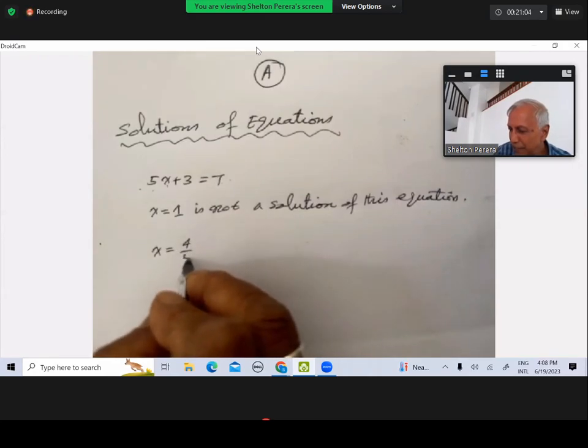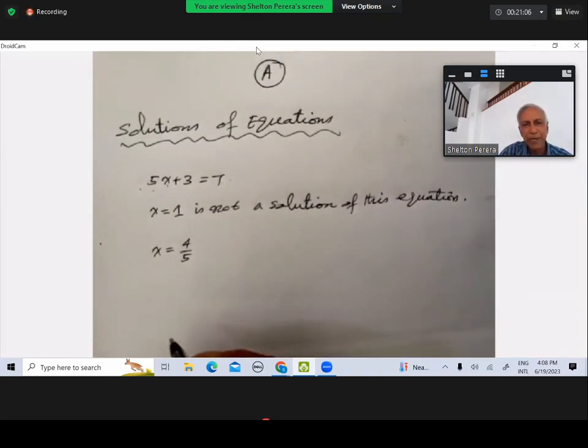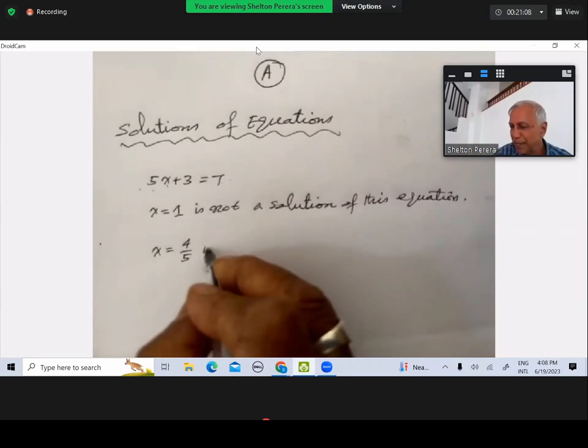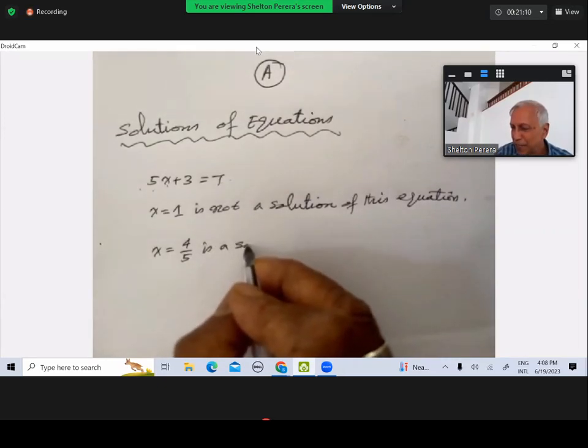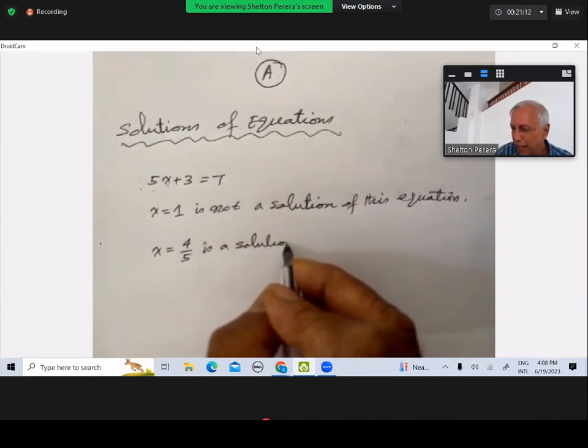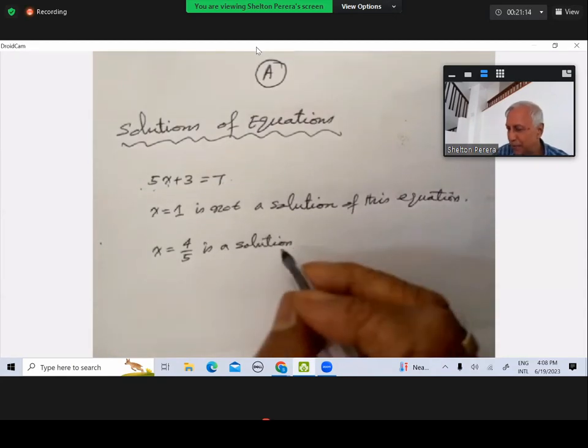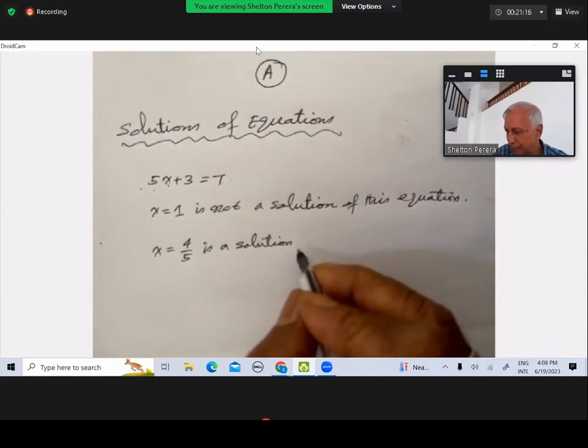If you take x equals 4 over 5, it is a solution. Why?